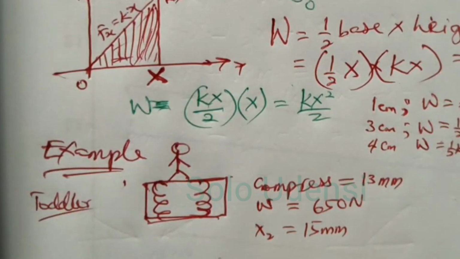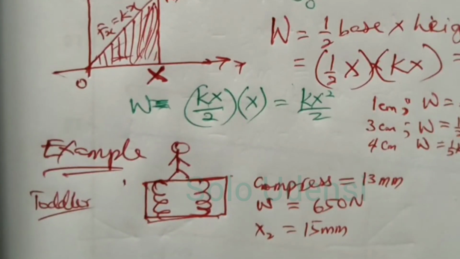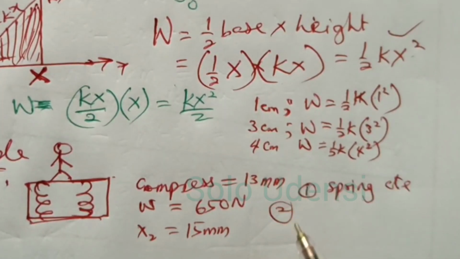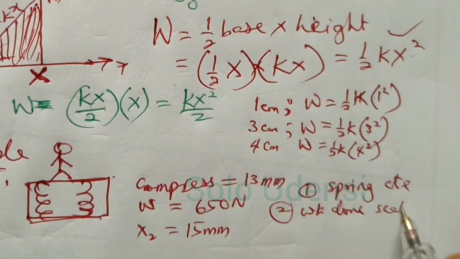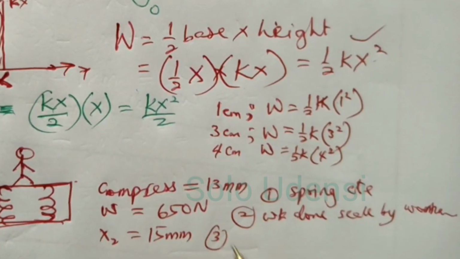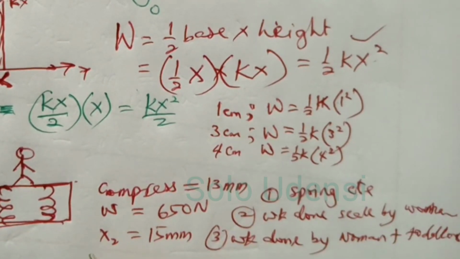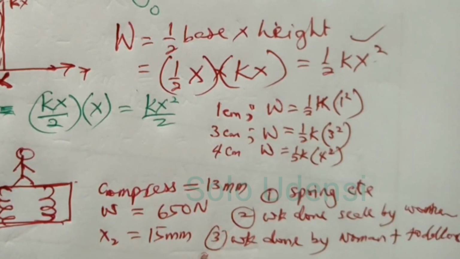So we now want to find, one, the spring constant. Two, the work done on the scale by the nursing mother. Three, work done on the scale by the woman and the toddler. And if you like, four, the weight of the toddler.